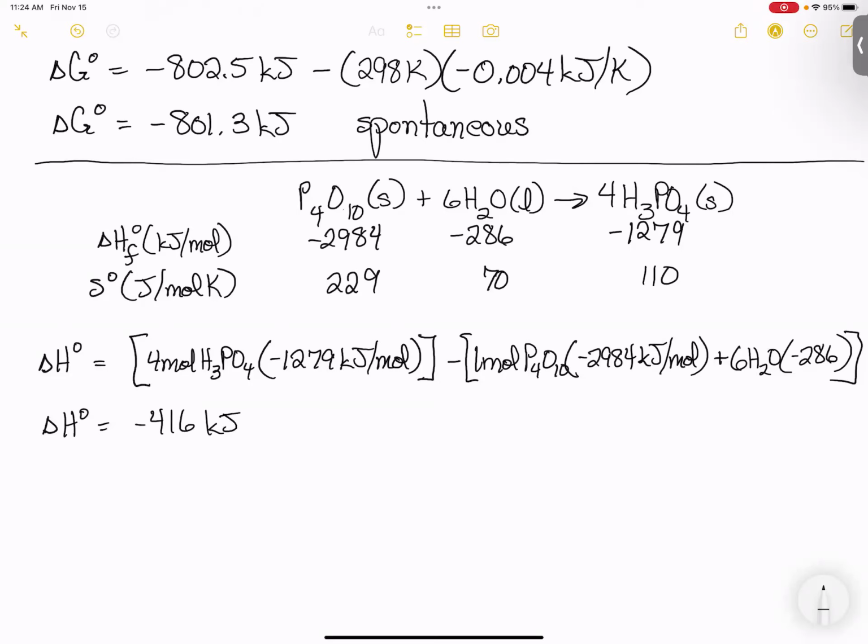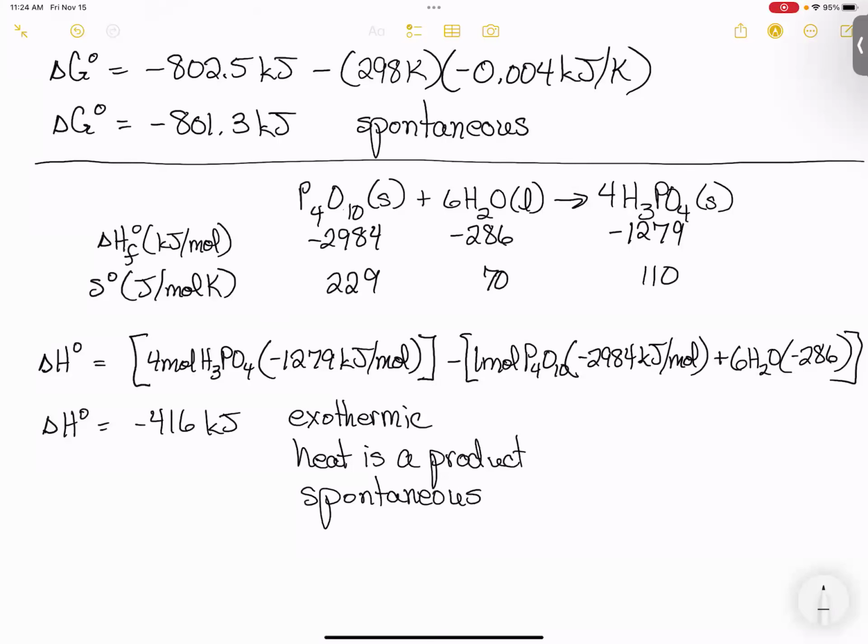So this is exothermic. Heat is a product. And it is spontaneous with respect to enthalpy.